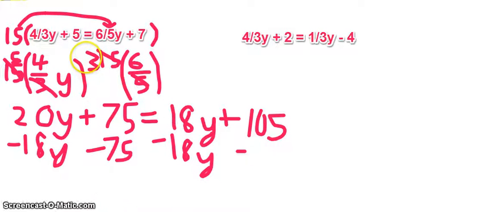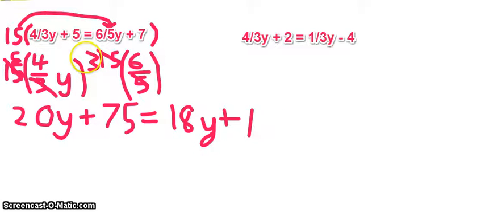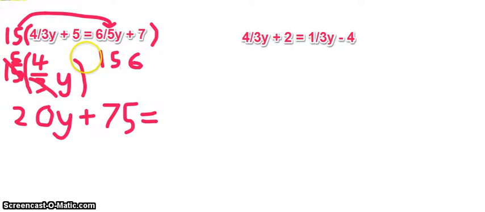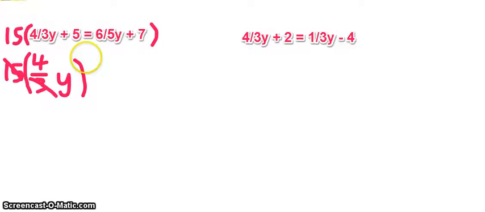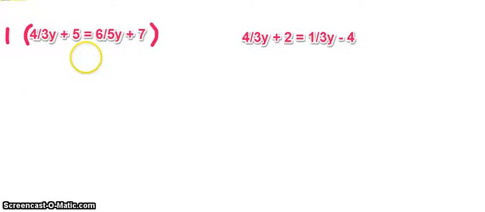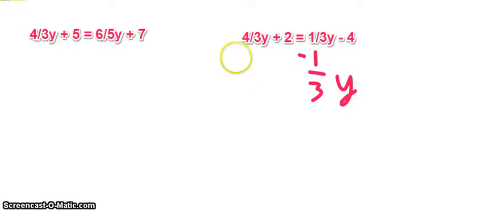The next way that I'm going to show you is if the fractions have the same denominator. One of the easiest ways is to simply subtract the other fraction onto the other side. So here you can see if you subtract this 1/3 y over here on both sides, these ones will go away.